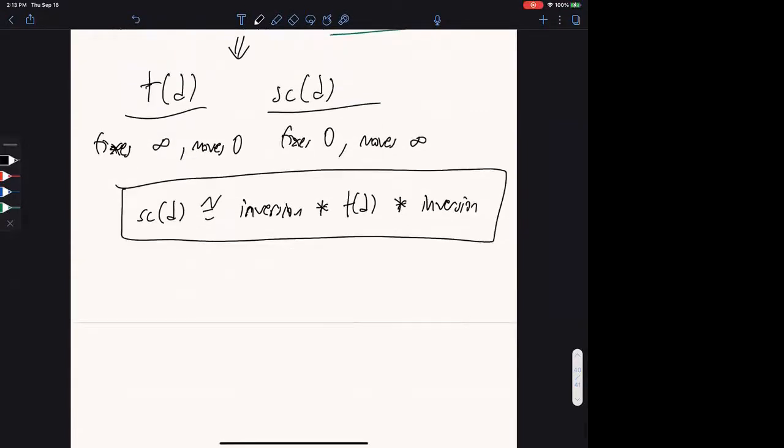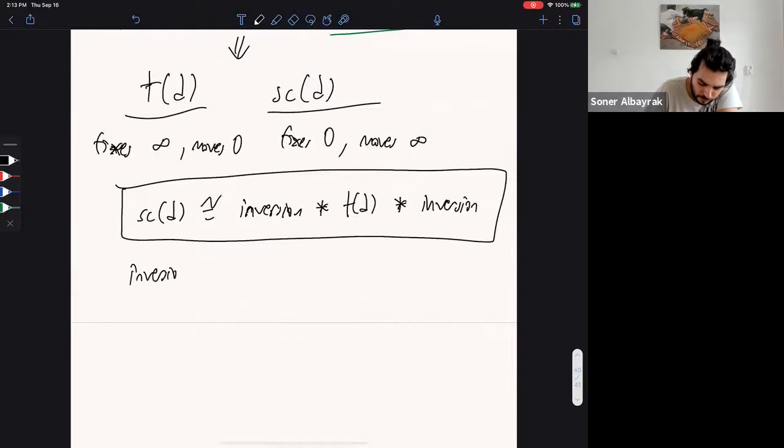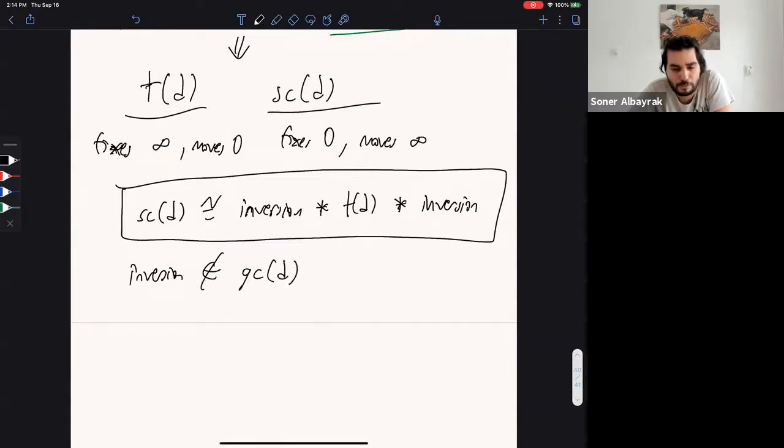Can I ask you a question here? Since we can write special conformal transformation like this, and we already know what translation and inversion are, why do we need to define a new generator in the first place? So inversion is not an element of the conformal group.